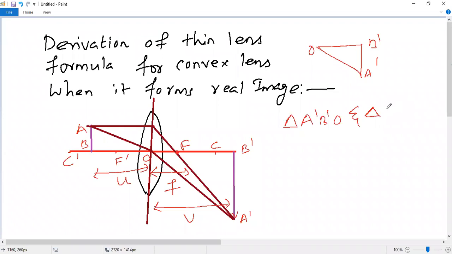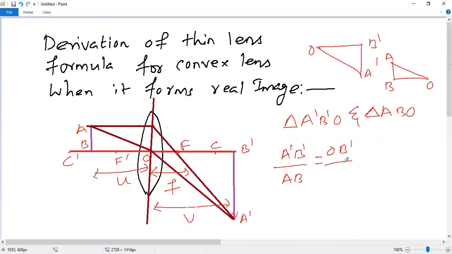Both are similar. You know that similar means A dash B dash divided by AB, the side, is equal to the base value OB dash divided by BO. This is equation number 1.